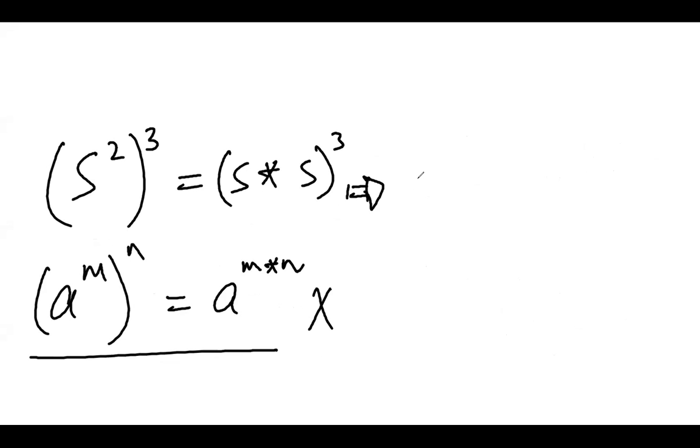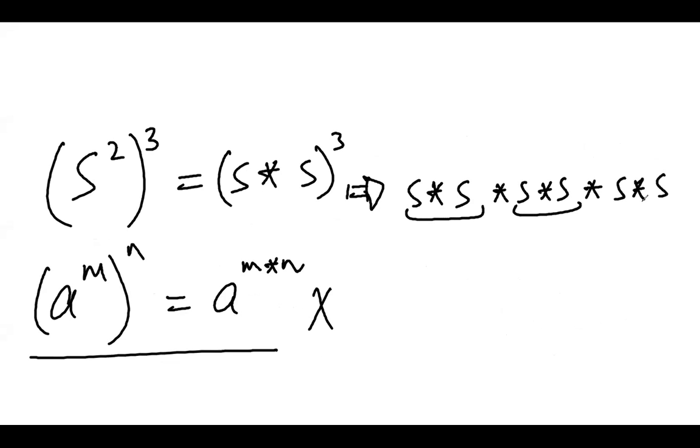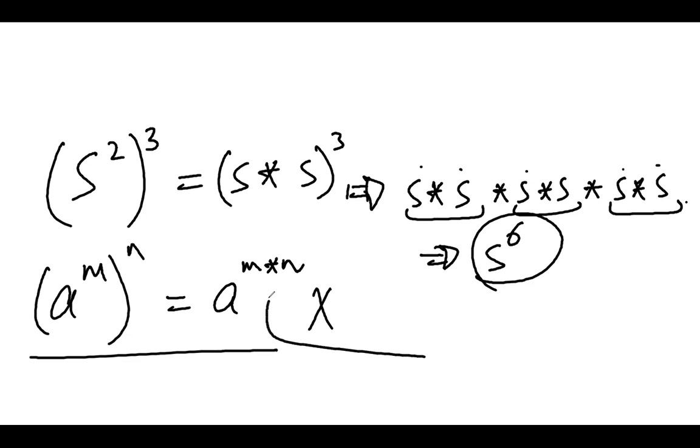This is almost like saying that I'm multiplying this pair of 5 3 times. I hope you get the logic. Now this is equal to 5 raised to power 1, 2, 3, 4, 5, 6, 6. Now this 5 raised to power 6 is obviously equal to a raised to power 2 into 3, where a is 5.